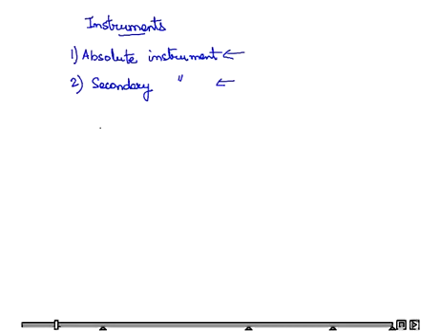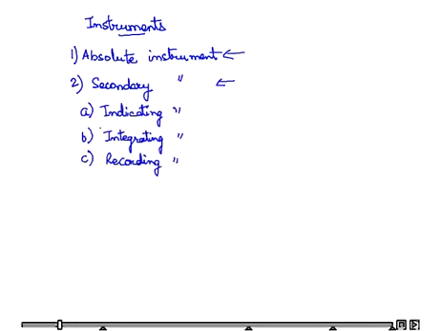There are various types of secondary instruments. For example, the first is the indicating instrument, the second one is the integrating instrument, and the third one is the recording instrument. Indicating instruments are those which indicate the magnitude of any electrical quantity.